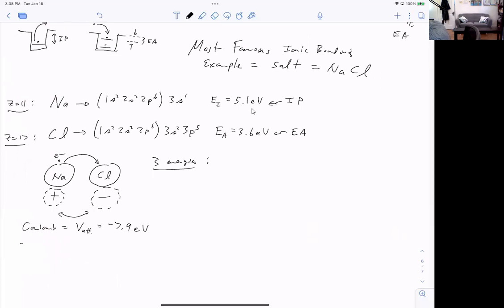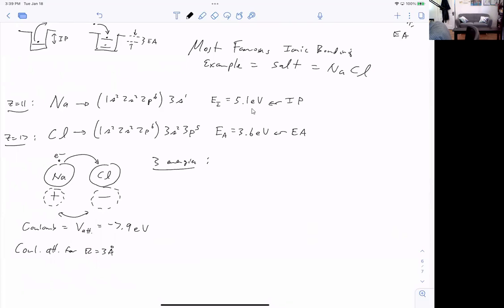That's just the Coulomb attraction for a distance of 3 angstroms. Calculate it for yourself and see. A typical distance in a crystal is 3 angstroms. So if I have a plus and a minus 3 angstroms away, then you work it out, you get about 7.9 electron volts of attraction, negative energy.